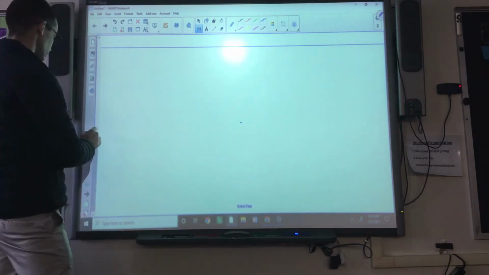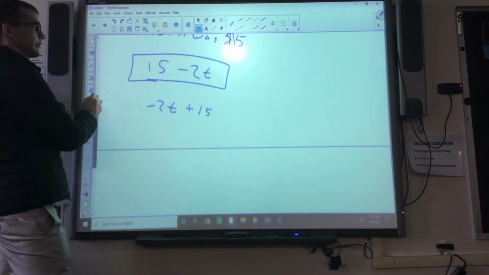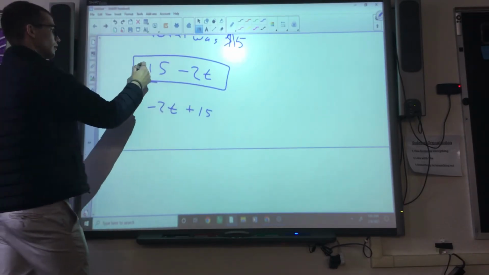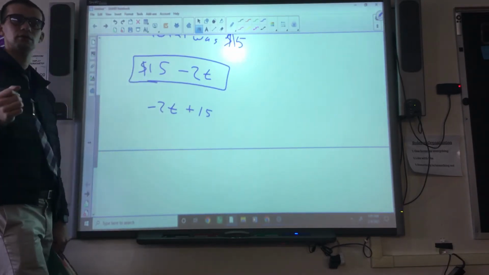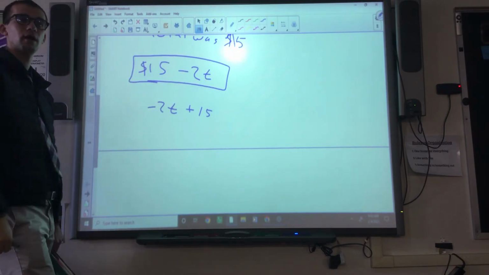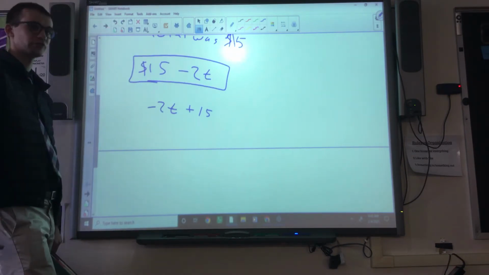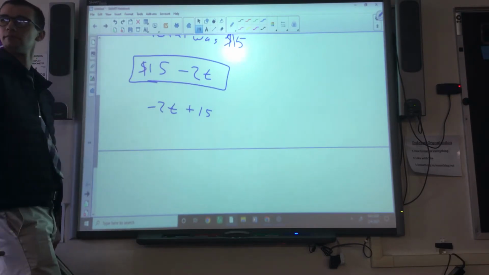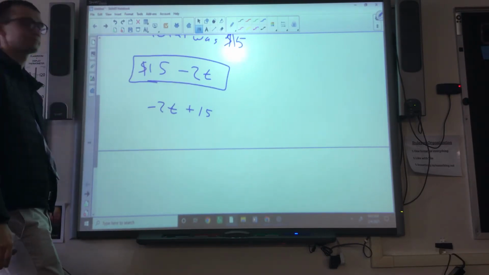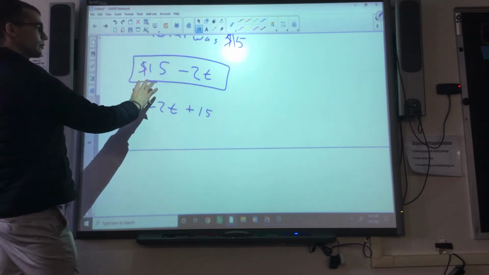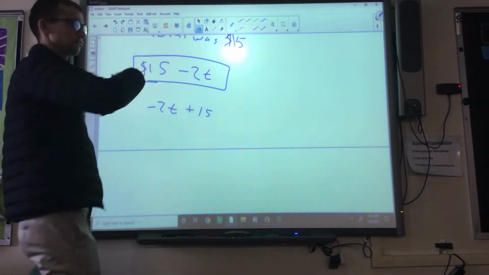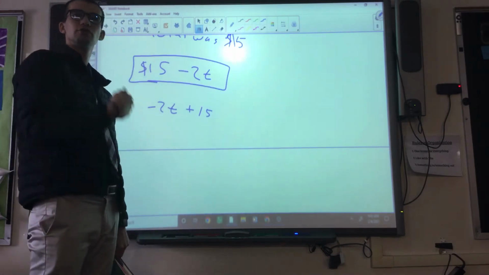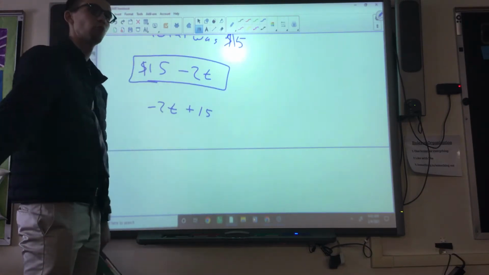Oh, the one thing I will say though is that when you get that final answer, you have to label it with dollars. Is that good? No, it's not. That's why I paused. What's wrong with it? Right now it's saying $15 minus 2T of we don't know what, or 2T rocks, 2T rupees, 2T water bottles.